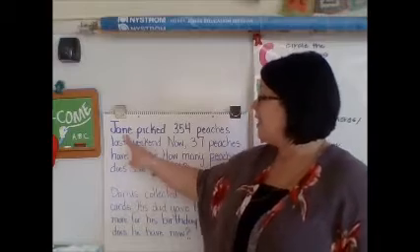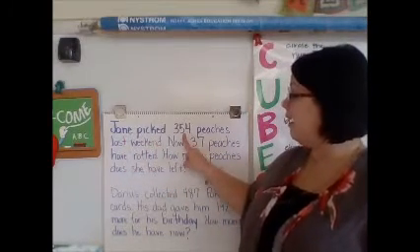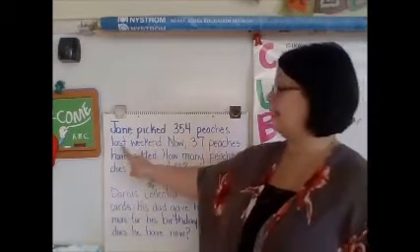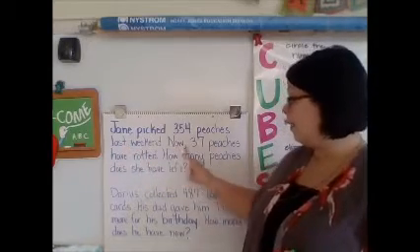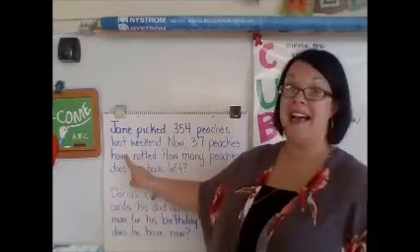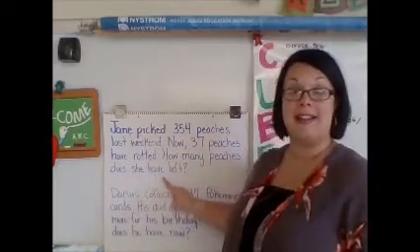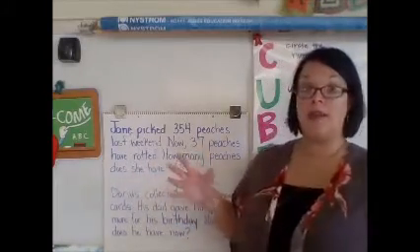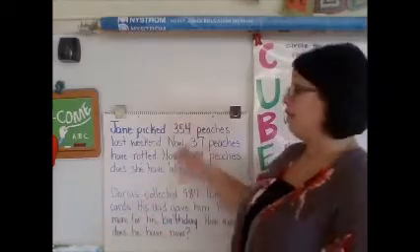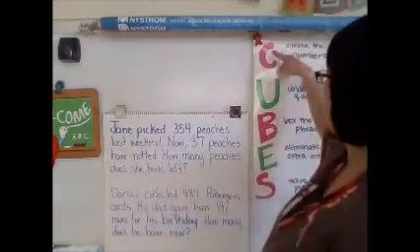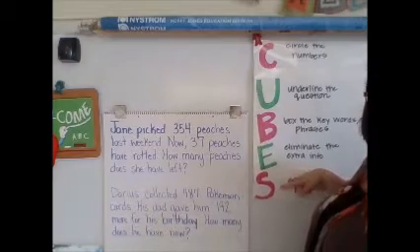The problem says, Jane picked 354 peaches last weekend. Now, 37 peaches have rotted. How many peaches does she have left? So we've come up to a word problem. We've read it out loud. Now we're going to go through our CUBES.